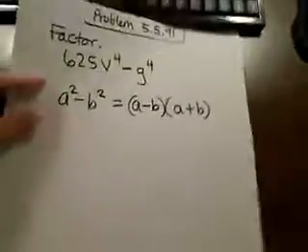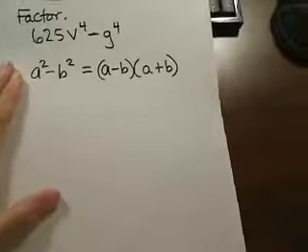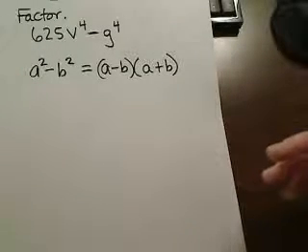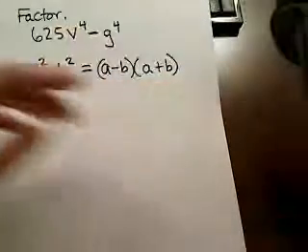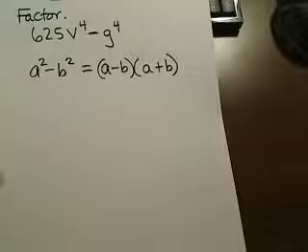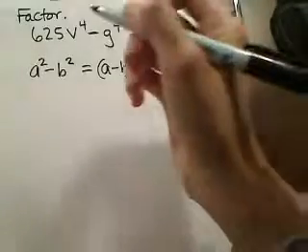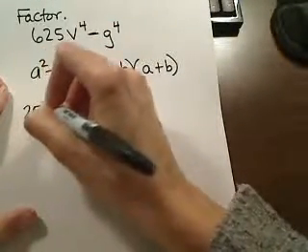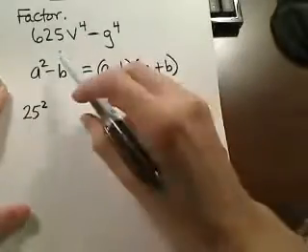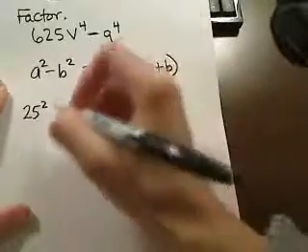Okay, so I'm going to go ahead and write 25 as something squared, and I believe that is 25 times 25. Yep, it is. So 625 is the same thing as 25 squared, so I'm writing that in the form of the square.